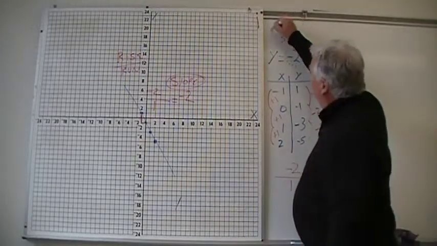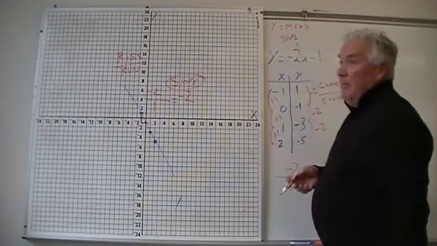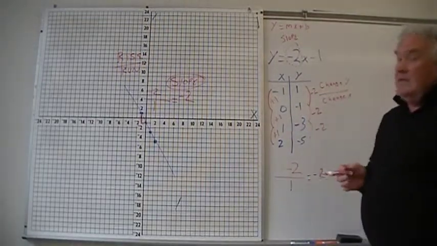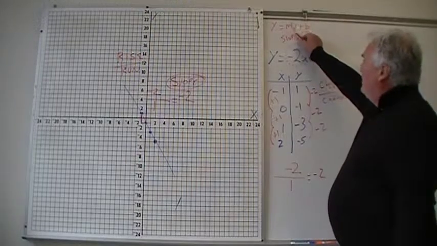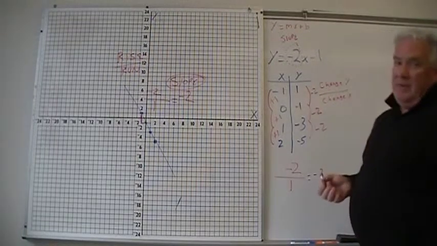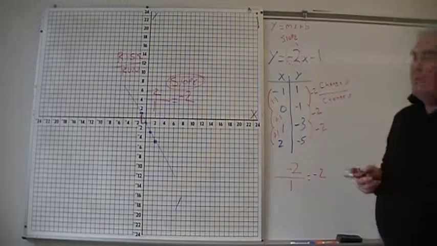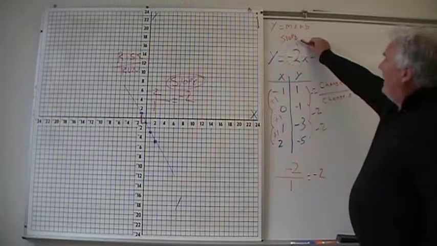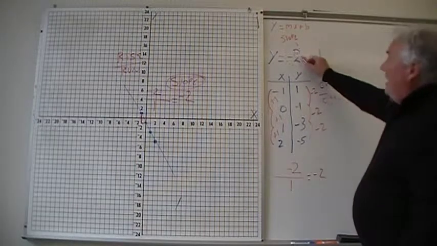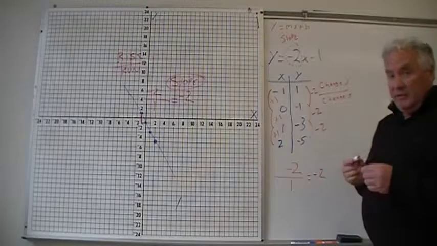And we call this form y equals mx plus b. Mathematicians have deemed we call the slope m, and this number here is called the b. It's a standard variable. So that's our slope. From there, it's that number there, rise over run, change in y over change in x.